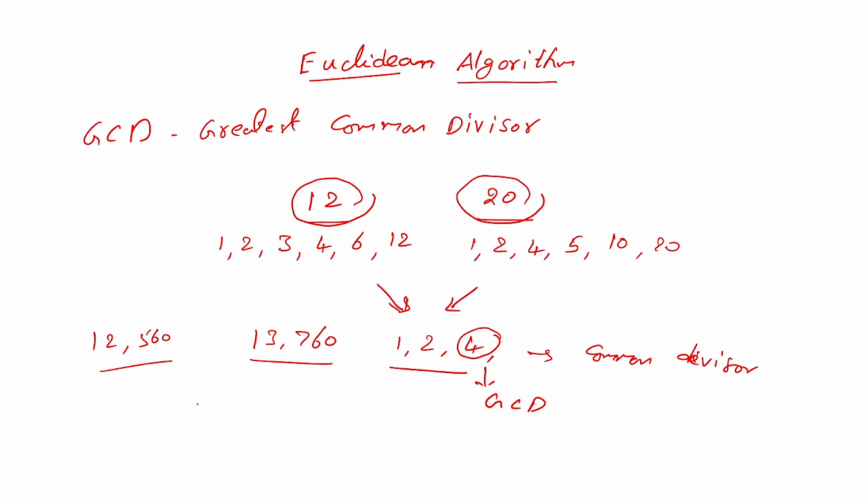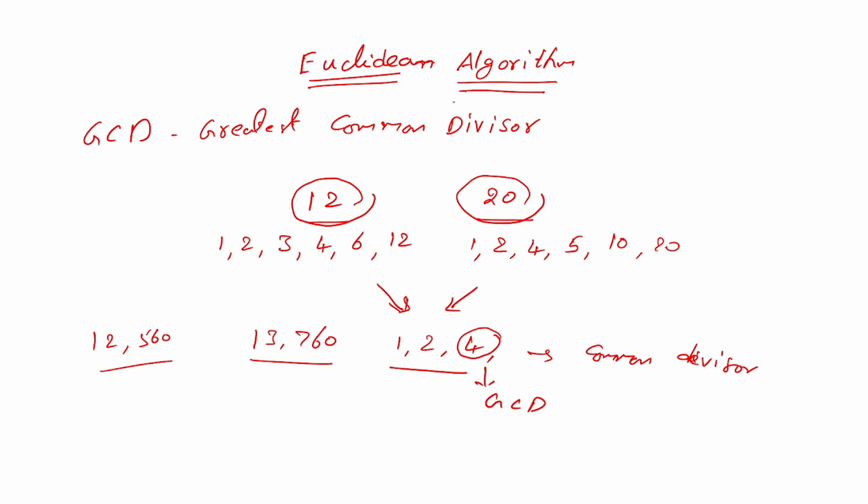So what is the solution for this? The solution is the Euclidean algorithm. When the two values are large and you want to find the GCD of two large integers, then we need to go for the Euclidean algorithm.